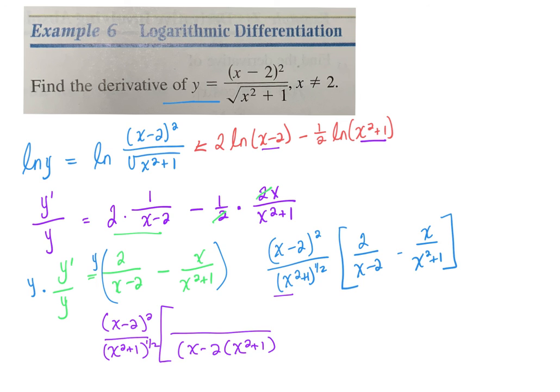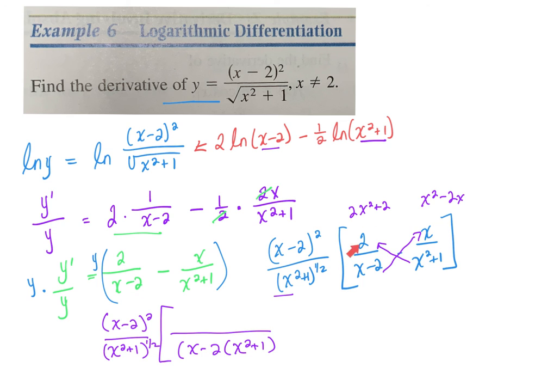On the inside here, I just multiply, right? I'm missing my 2. So this becomes 2x squared plus 2. I just multiply that, right? And for my x, I'm missing my x minus 2. So that becomes x squared minus 2x. I'm just getting a common denominator. I multiply this one by this guy, because that's what I'm missing there.